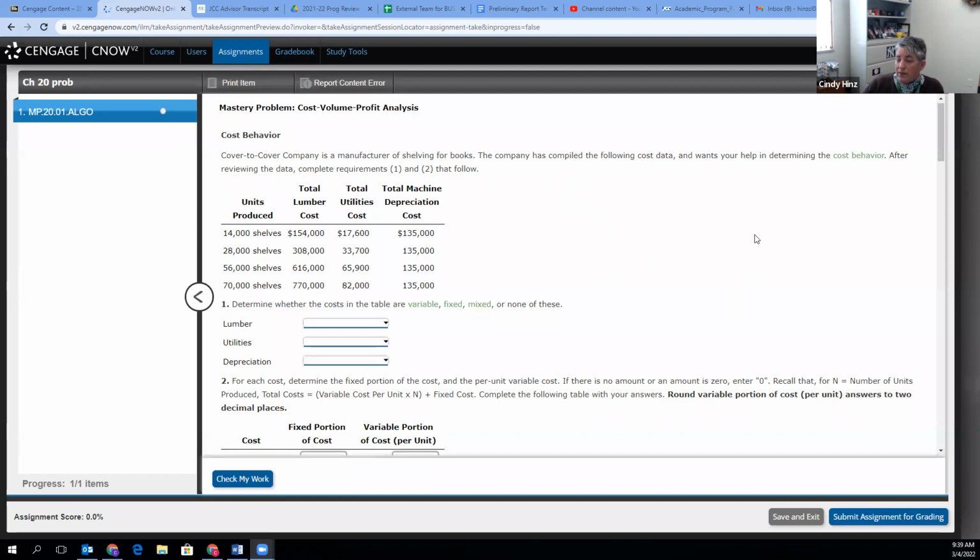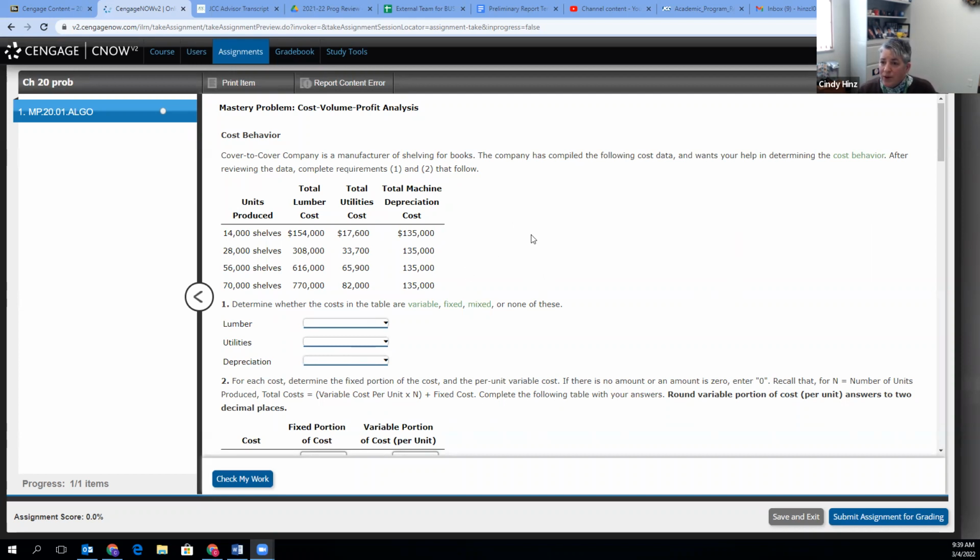Cover to Cover Company is a manufacturer of shelving for books. The company has compiled the following cost data and wants your help in determining the cost behavior. After reviewing the data, complete requirements 1 and 2 that follow. So the first thing we have to answer is, are these costs variable, fixed, or mixed?